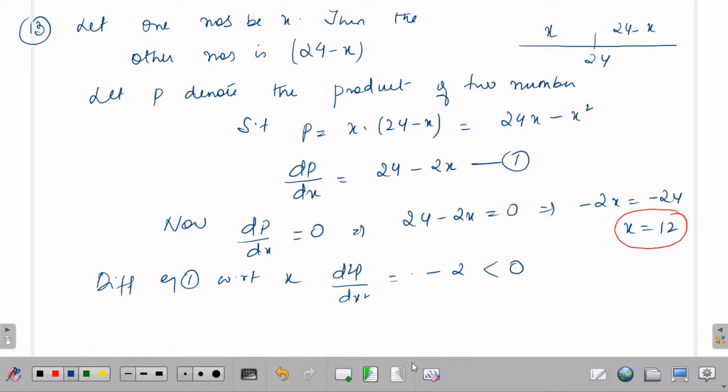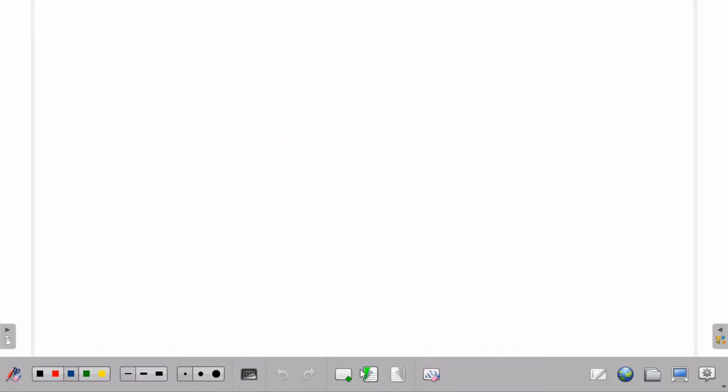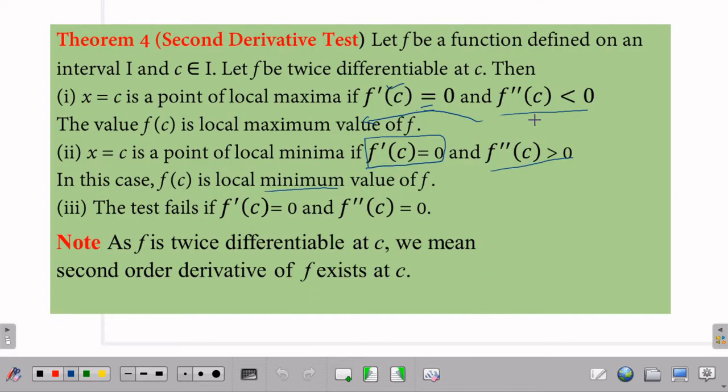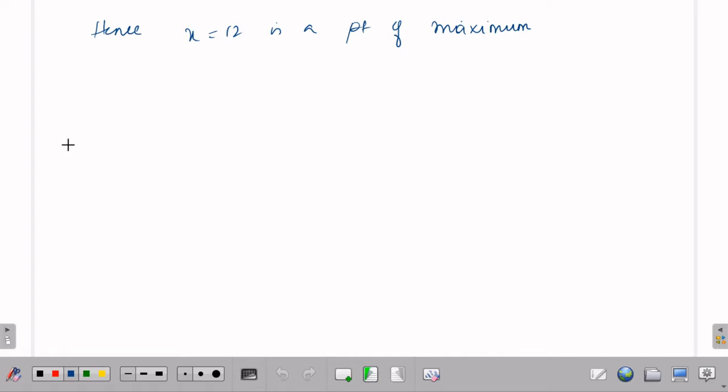So hence x equal to 12 is a point of minimum. Sorry, maximum. Why maximum? Because I got less than 0. Let me go back to the formula: second order differentiation less than 0 means it's a maximum. So I got this to be a maximum.